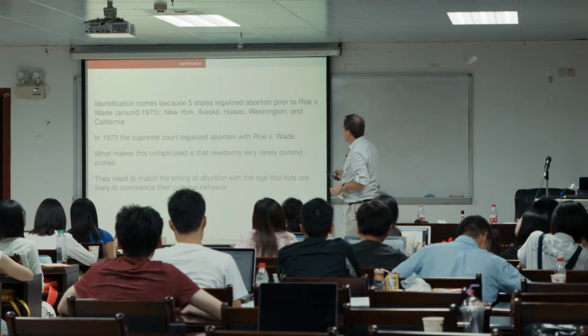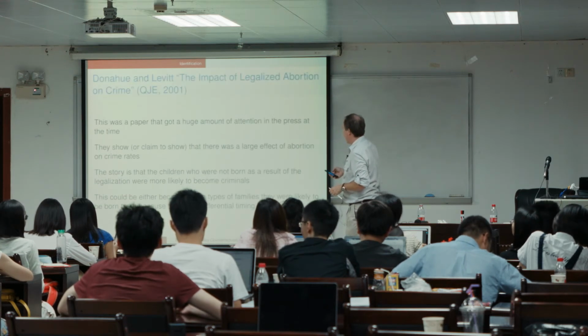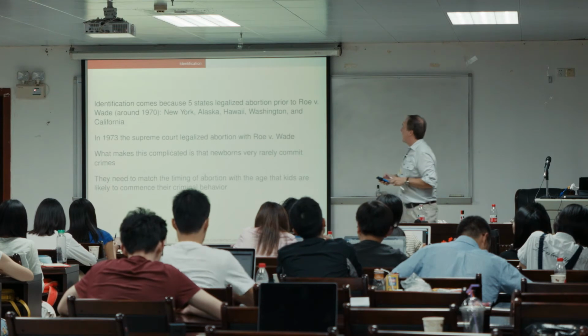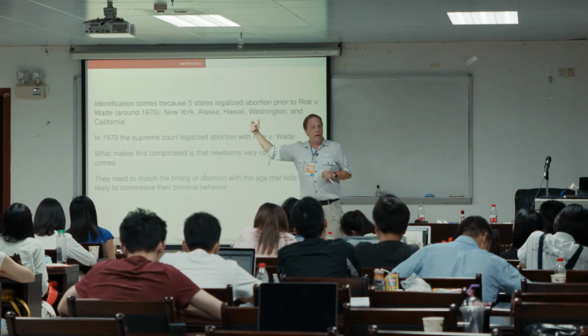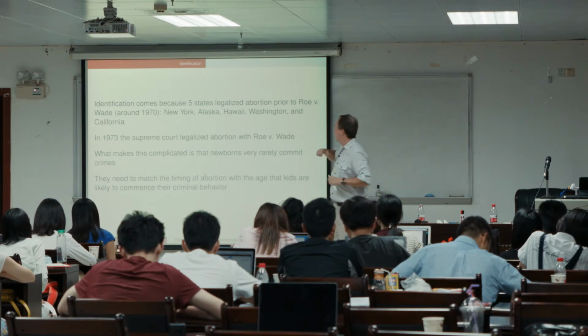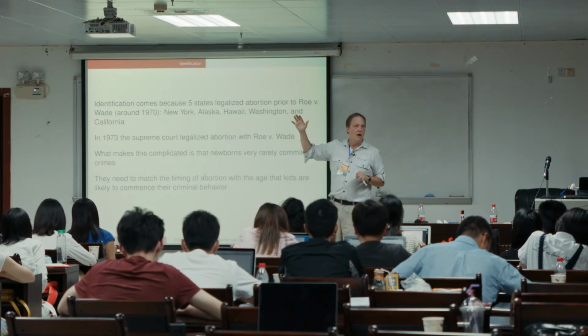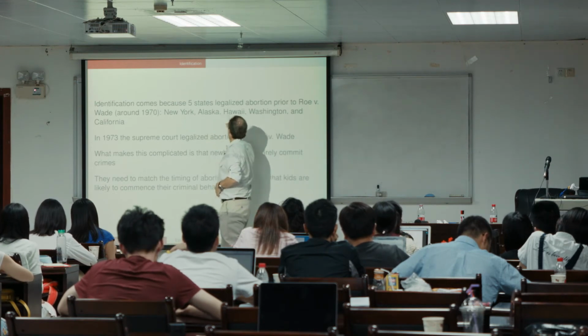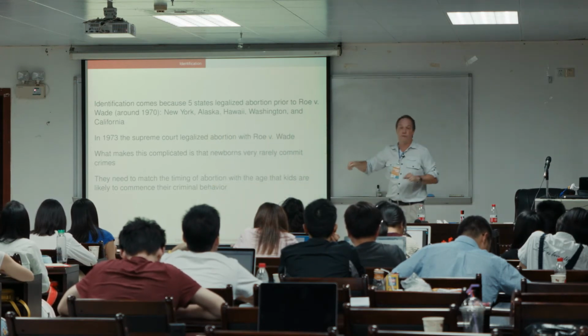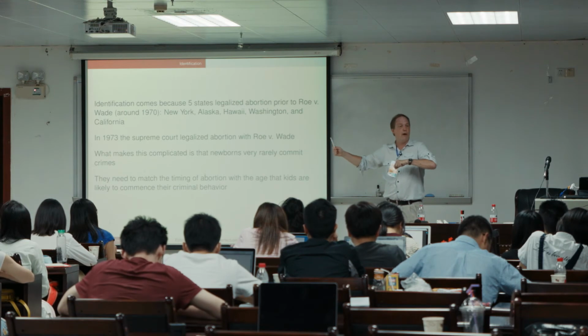Okay, so identification here is going to come from the fact that prior to Roe v. Wade, abortion was legal in some states. It was only legalized in the late 60s. So it hadn't been legal for long, but it was legal in New York, Alaska, Hawaii, Washington, and California prior to Roe v. Wade.